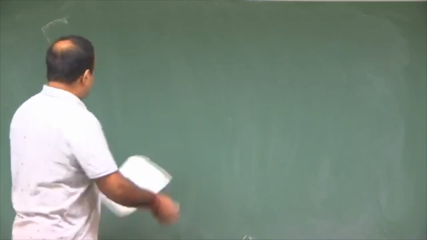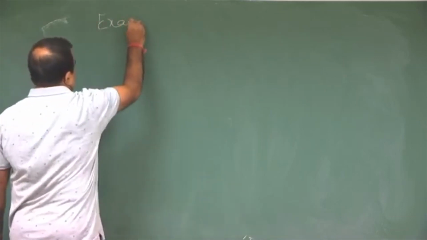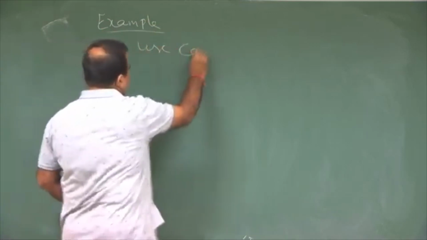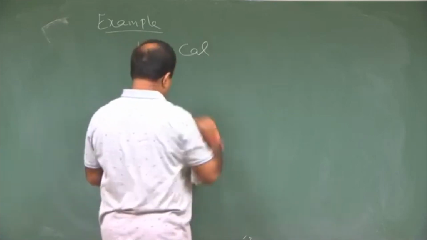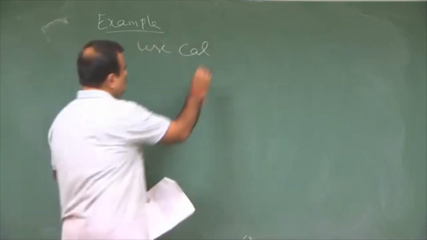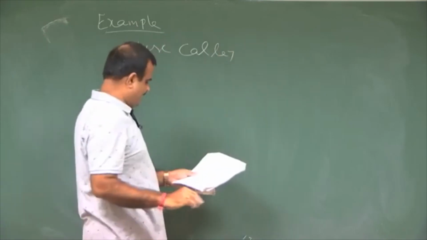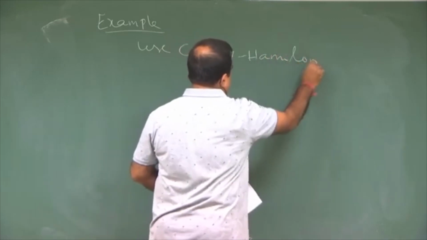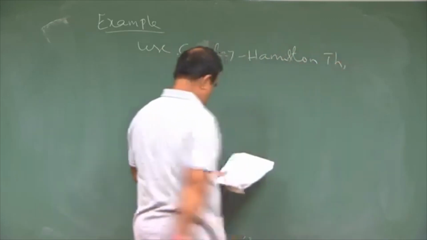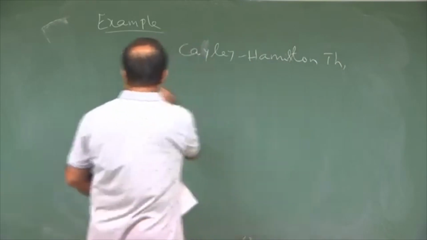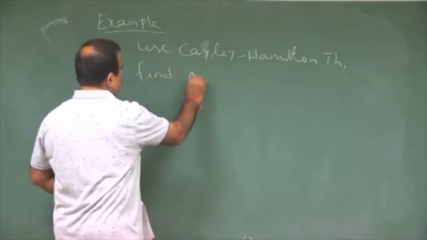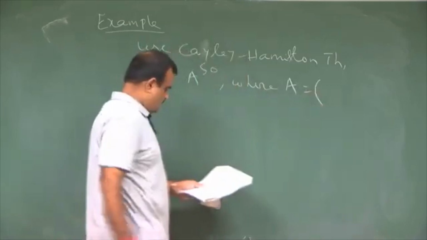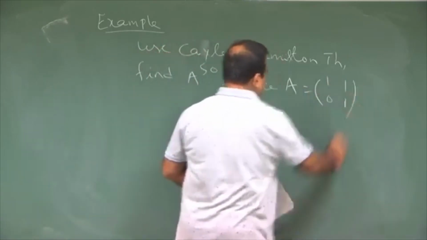So, this type of example: use Cayley-Hamilton theorem to find A to the power 50, where A is some matrix, say 1 1 0 1.